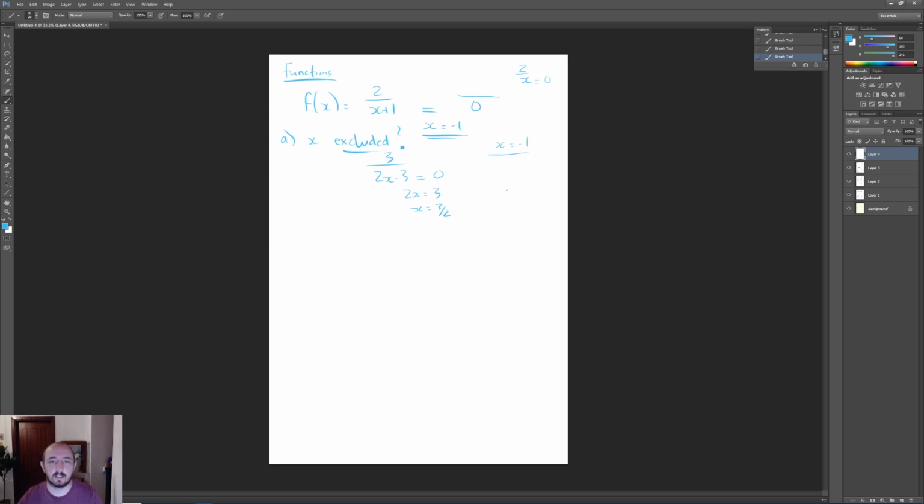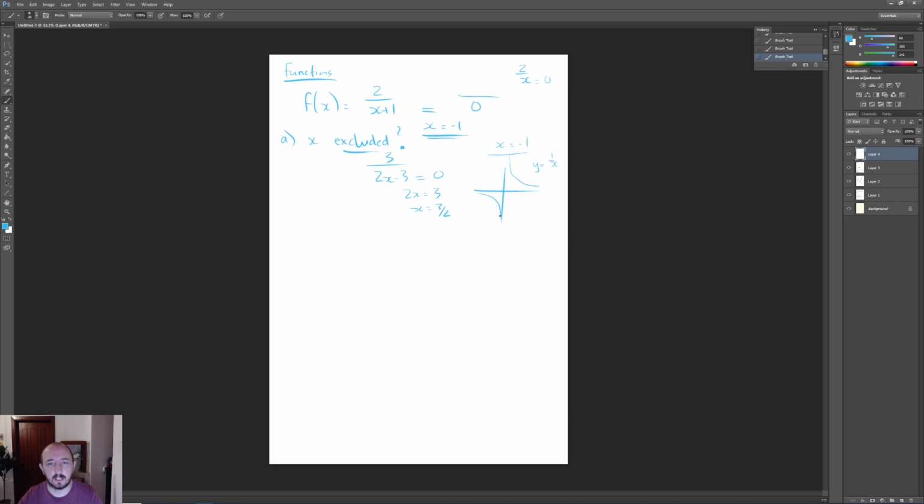A bit of background on this is when you have an equation like 1 over x, it looks like this. You should know that one. y equals 1 over x. When x equals 0, which is this vertical y-axis, you'll notice that there's no points on this. This goes straight up, up, up, but never touches this.